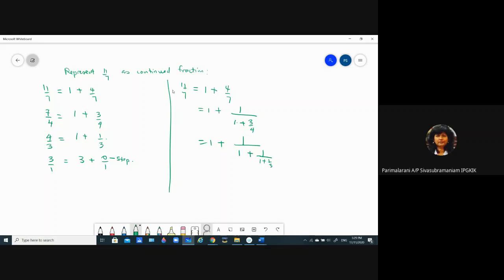That's finished, we stop here. Or 11 over 7 is equal to the first integer 1, semicolon, the next integers are 1 and 3, so it's 1; 1, 3.